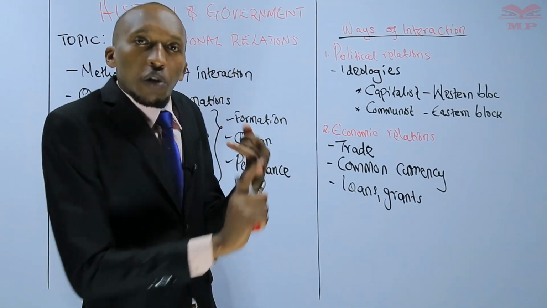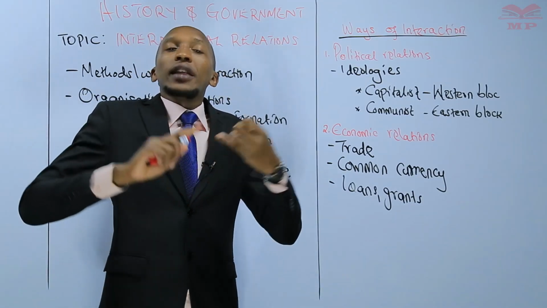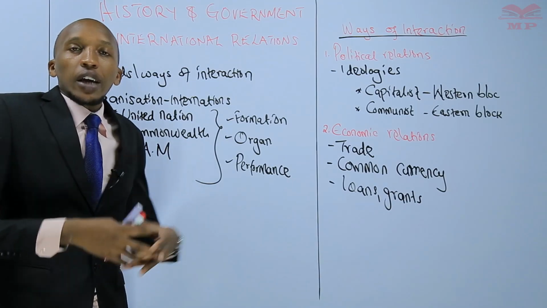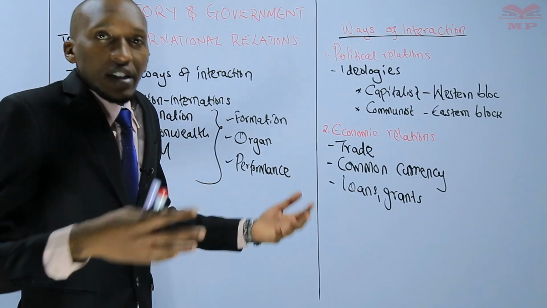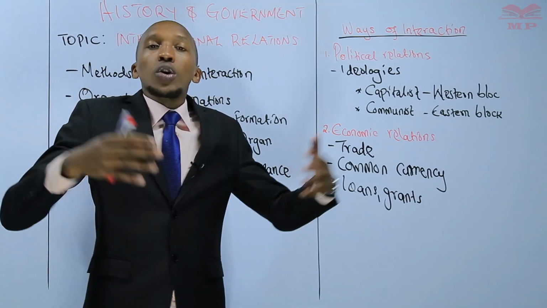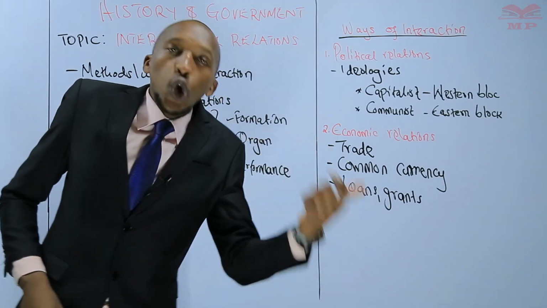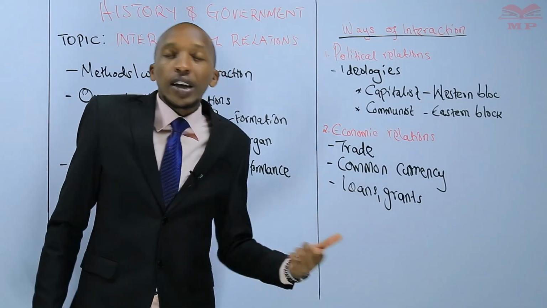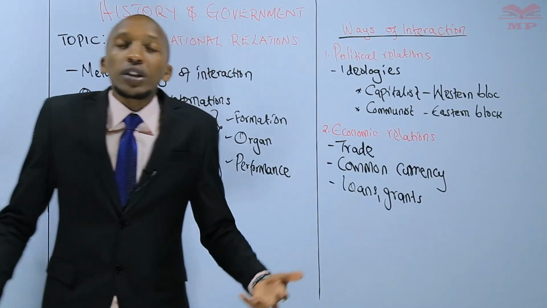Remember, one of the effects of the world wars was that the economies of the world came down, almost most of them. There was a very great depression or recession in the economies. So they had to revive their economies. So they had to loan each other. They had to loan, that is, give monies to help economies to be revived.